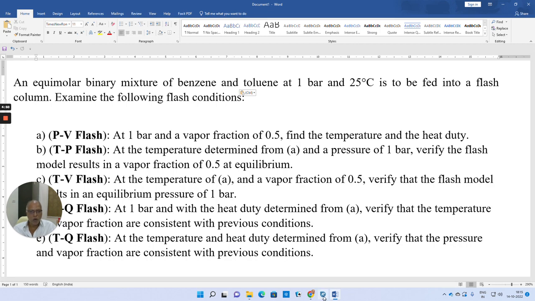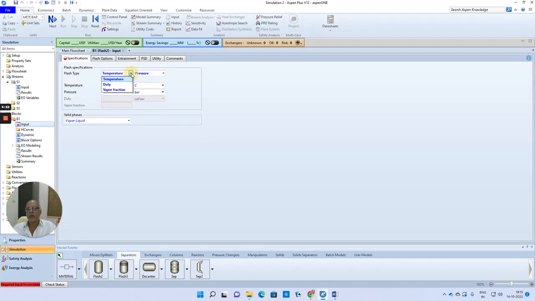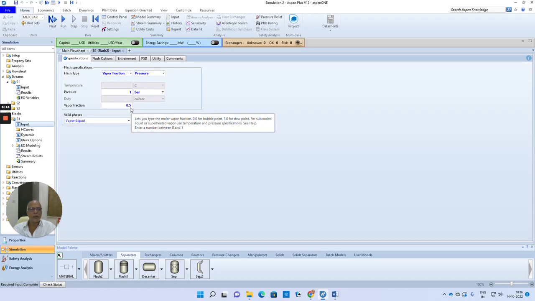We don't know at what temperature the flash column should operate. So pressure is 1 bar and the vapor fraction is given as 0.5. Now you can see whether with these specifications you will be able to calculate the temperature at which you should operate the flash column in order to generate 50% vapor and 50% liquid at this pressure. So you can see the required input is complete. We should be able to run the problem.